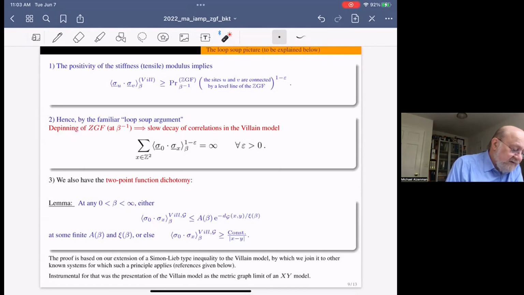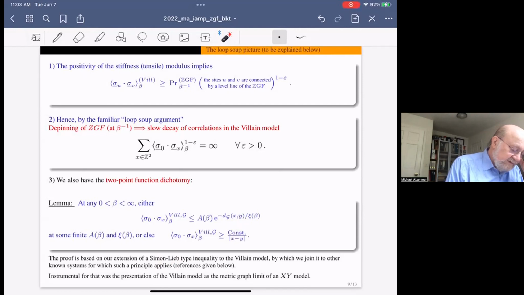The 2-point function is either exponentially decaying, positive mass in the language which was mentioned earlier, or else it does not decay faster than the inverse length. This is actually a consequence of the Simon-Lieb type inequality.